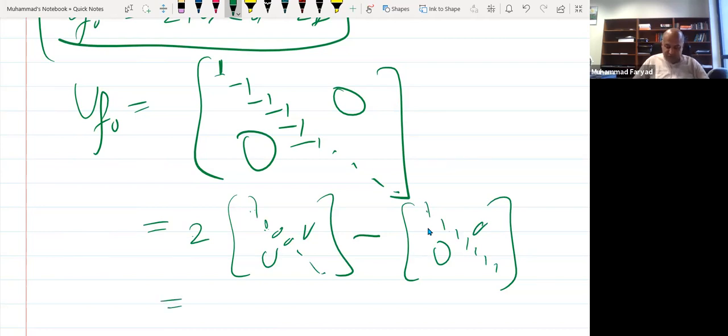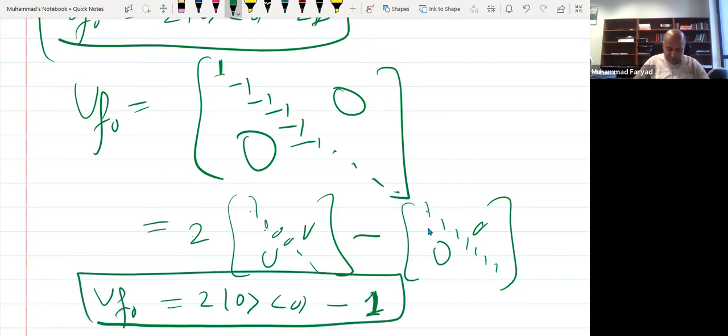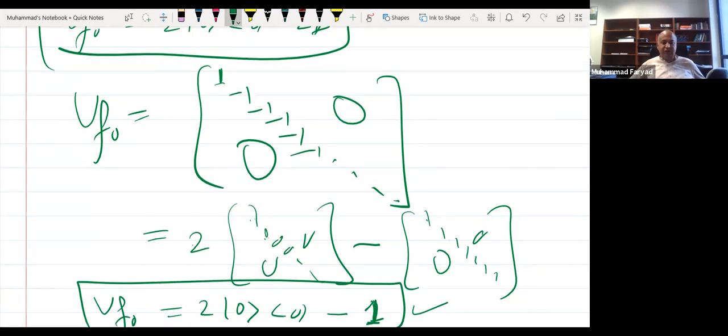So this is a form that I can again write as 2 |0><0| minus identity. Okay, so everybody understands this fixed phase function UF naught, which is part of the algorithm.